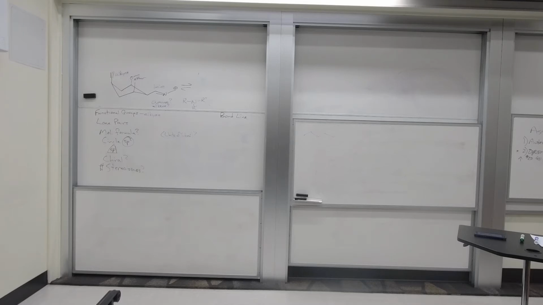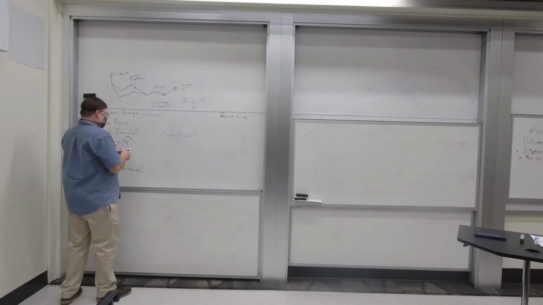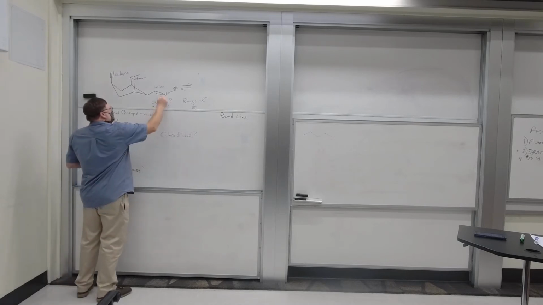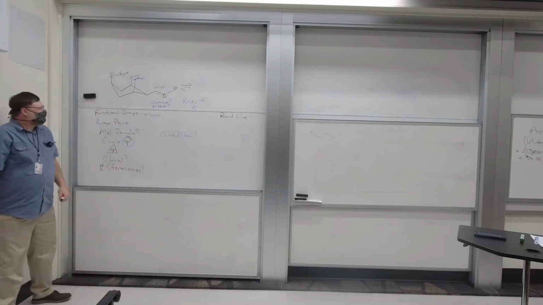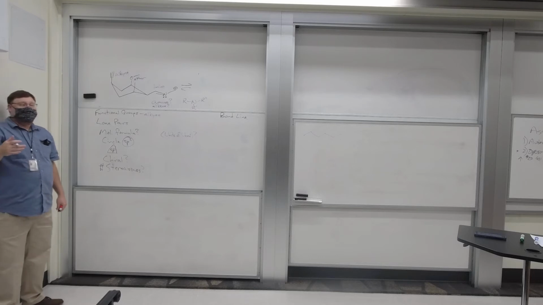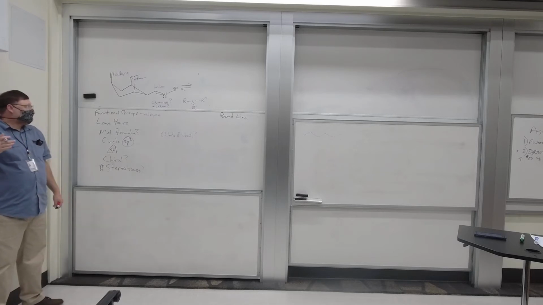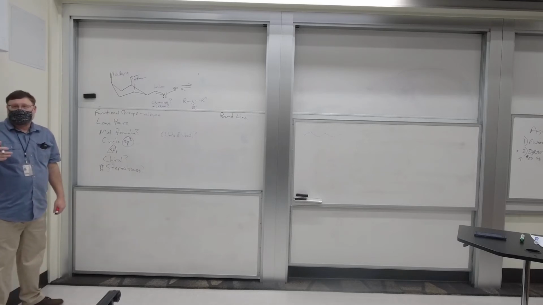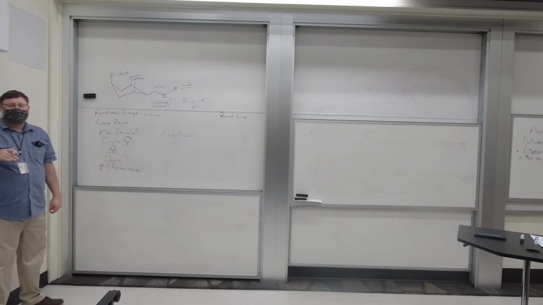Put in lone pairs where you think they ought to go. Lone pair? There is a lone pair on the nitrogen. There's one. So that nitrogen is neutral. A neutral nitrogen is going to have 3 bonds, 1 lone pair. All right, what else?